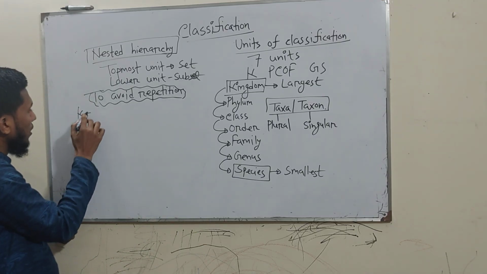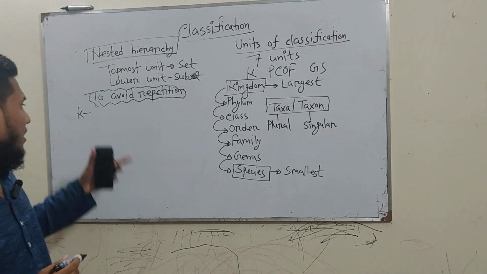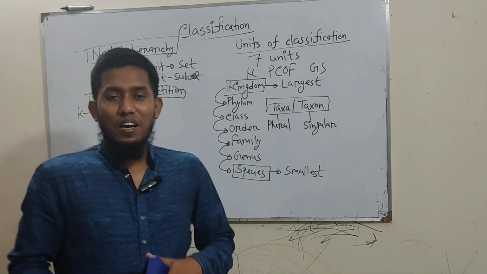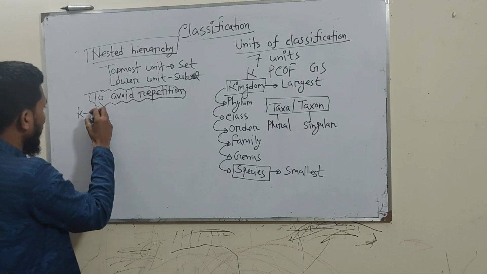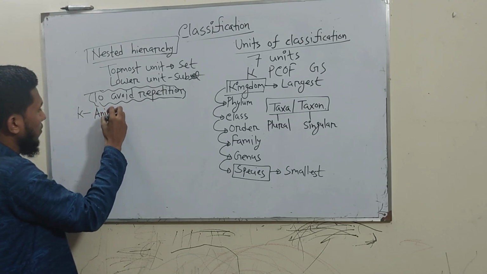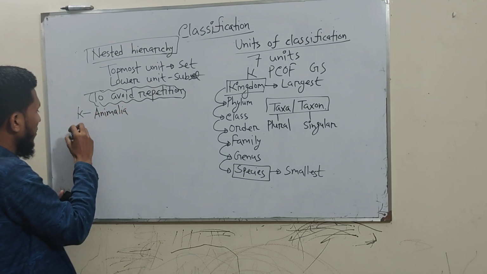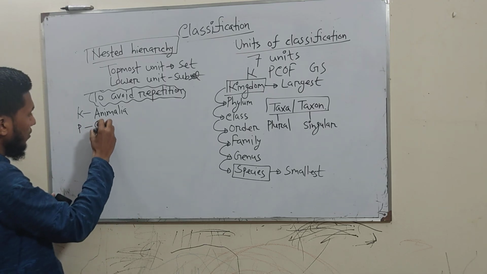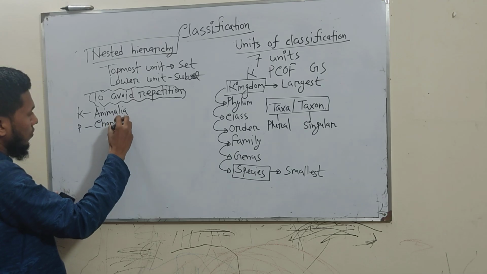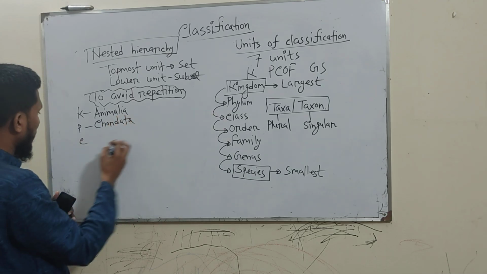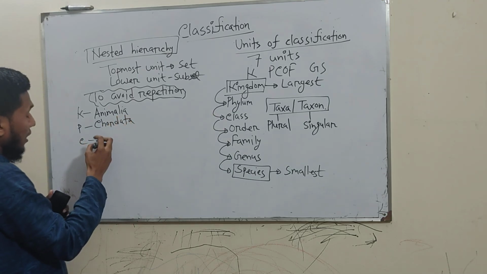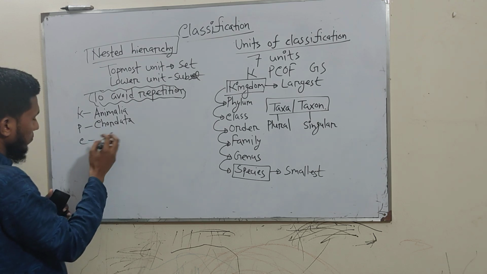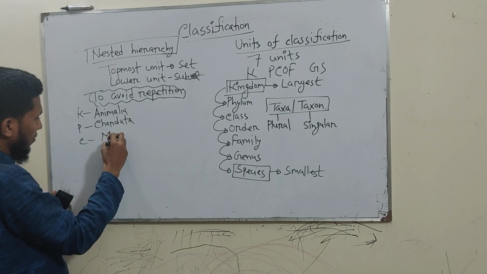In short, K means kingdom. As we are animals, our kingdom is Animalia. Next to kingdom is phylum Chordata. Next to phylum is class Mammalia.